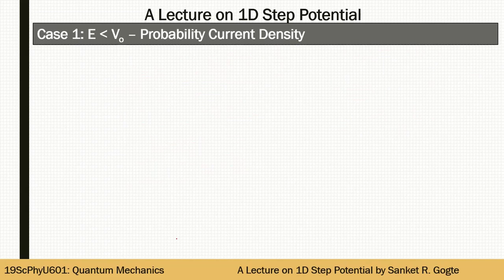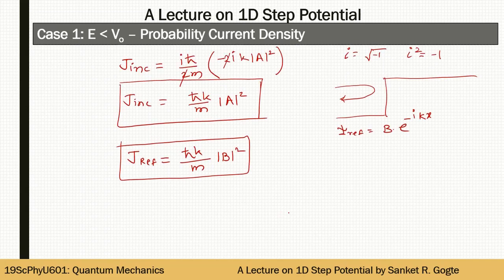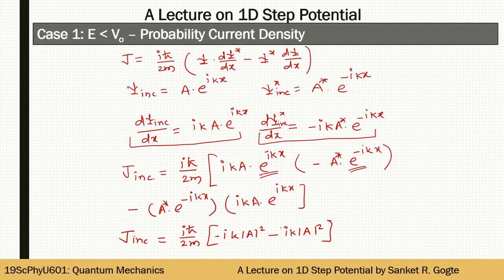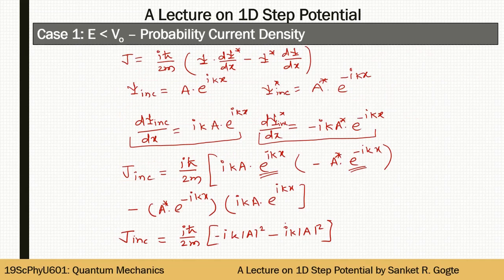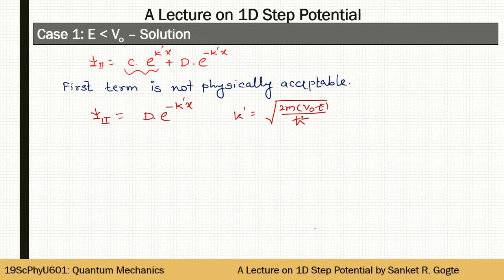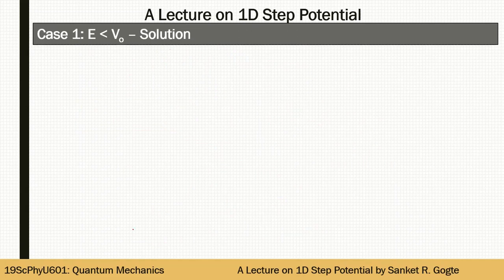Now for the transmitted particle, we have to consider the wave function in region 2. Let's go to that wave function that we have here, and it is psi 2, which also happens to be psi transmitted.